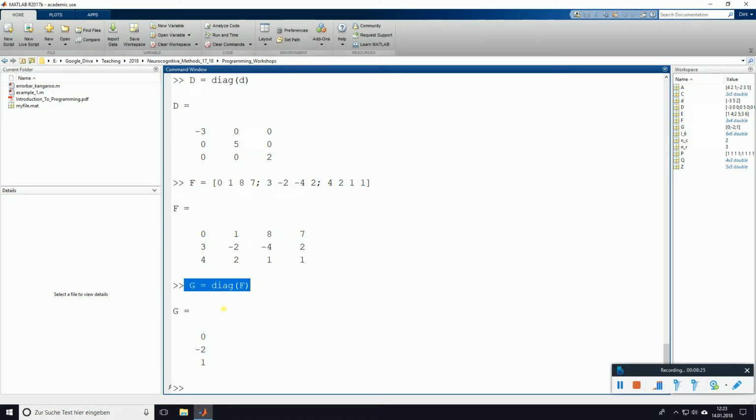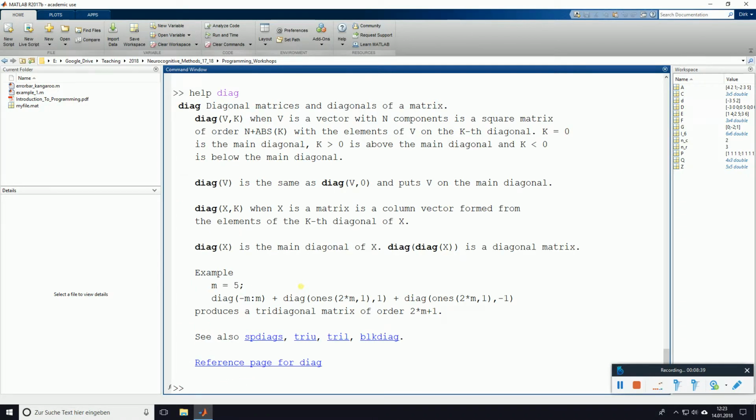Exactly. So diag can be used in 2 ways. Either it can be used to create a matrix by specifying a vector, or it can be used to extract diagonal elements from a matrix. So again, more help is available here.